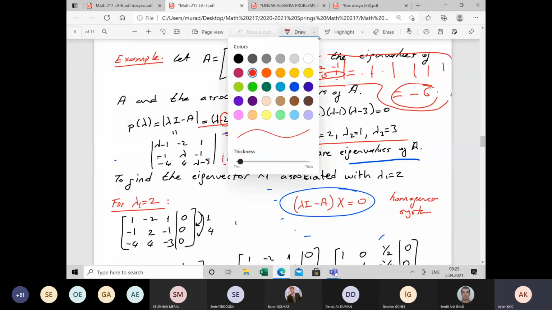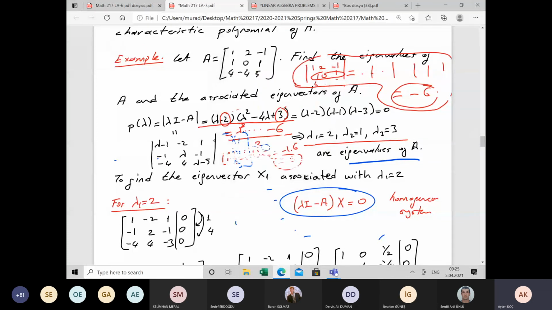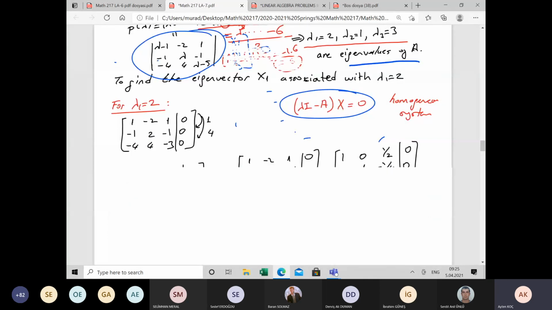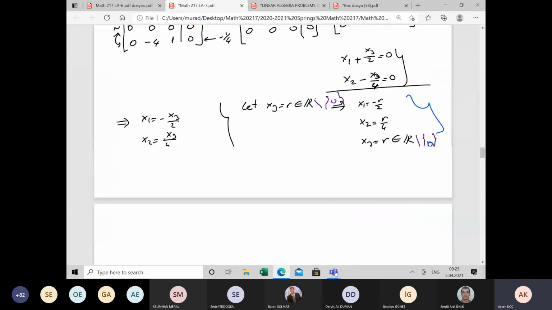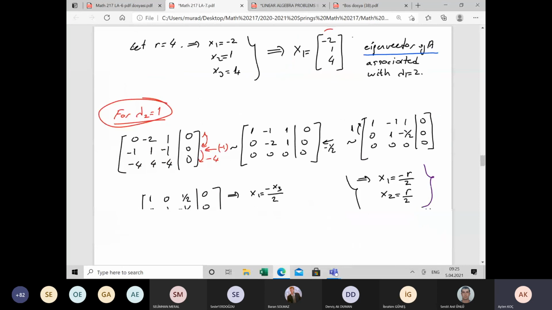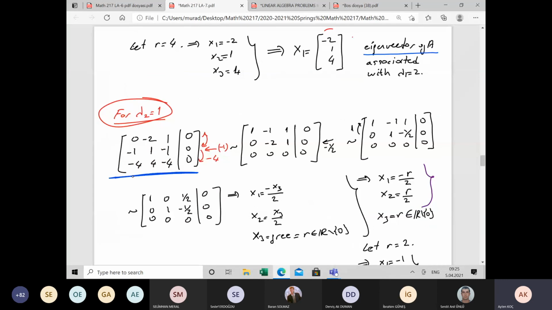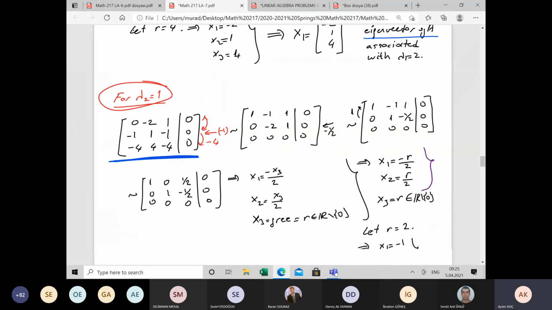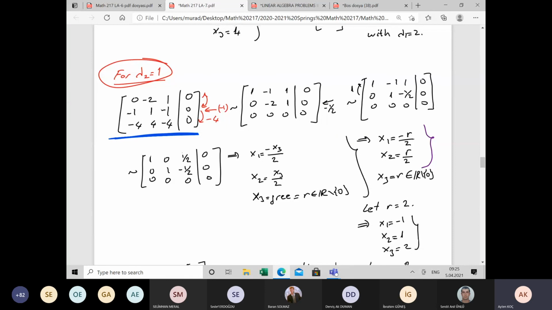So we obtain a homogeneous system, and this one is the augmented matrix of the corresponding homogeneous system. Solve this system: write the augmented matrix, and we obtain x1, x2, x3. So row echelon form, reduced row echelon form, write the corresponding equation and solve.